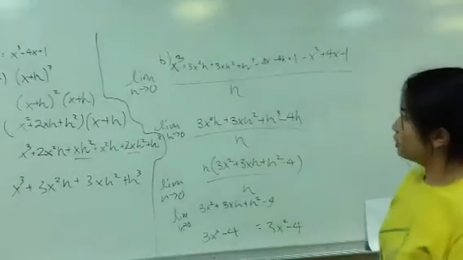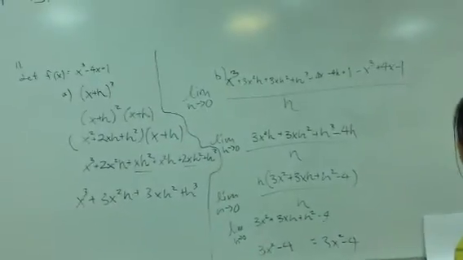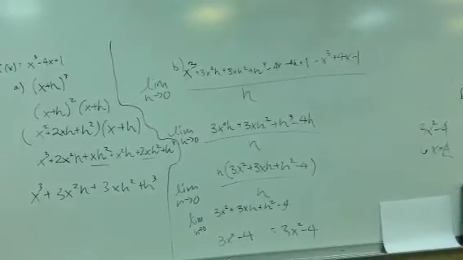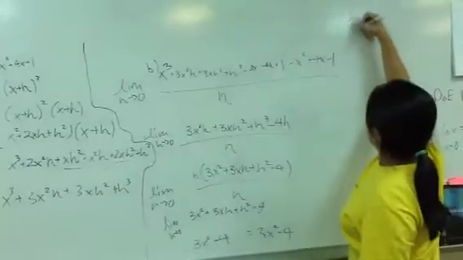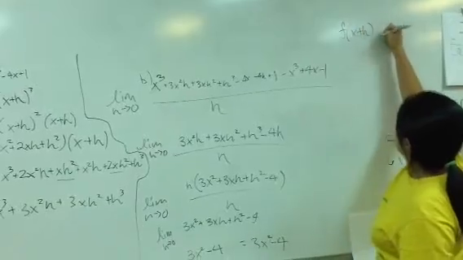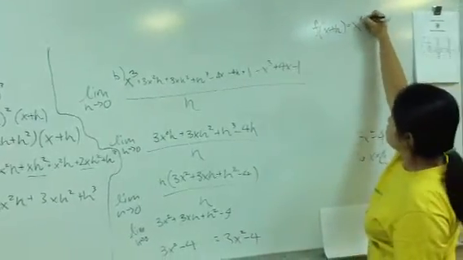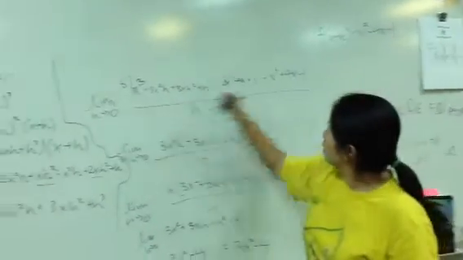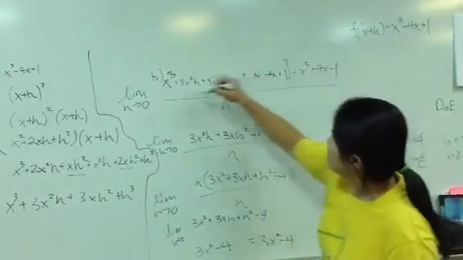And what you do is you plug in x plus h to x cubed minus 4x plus 1, and you will end up with this part.